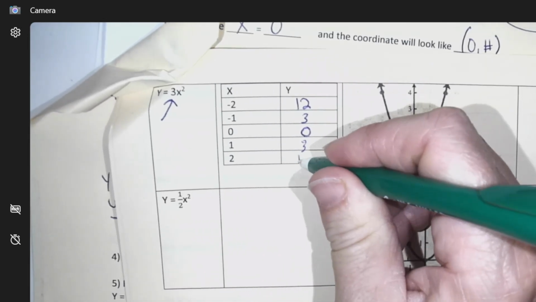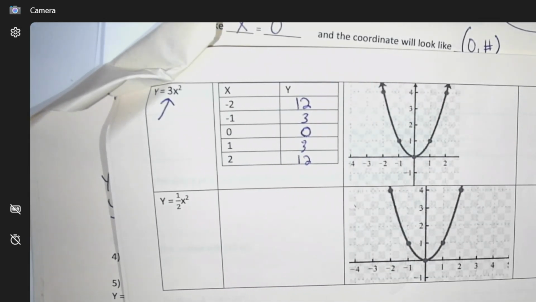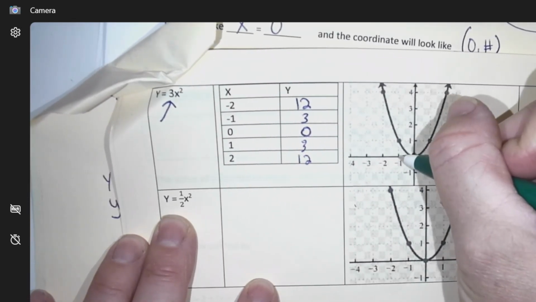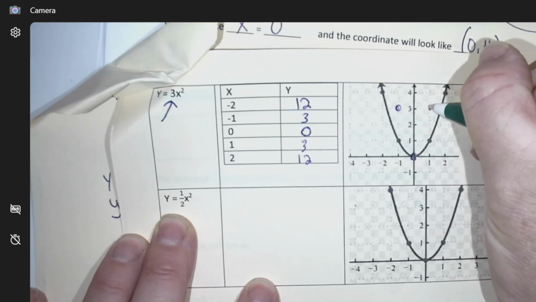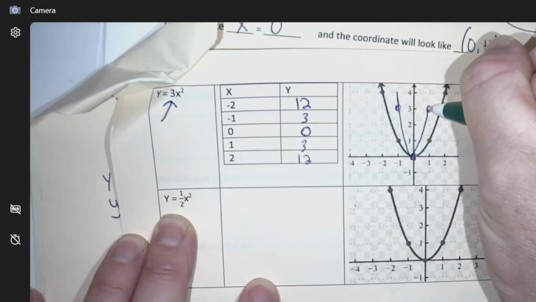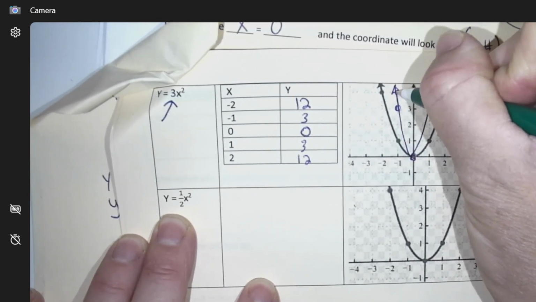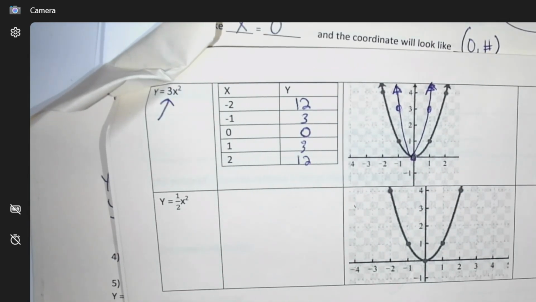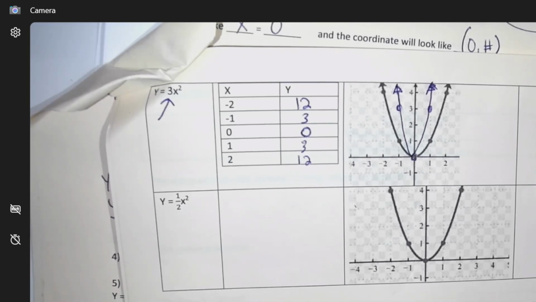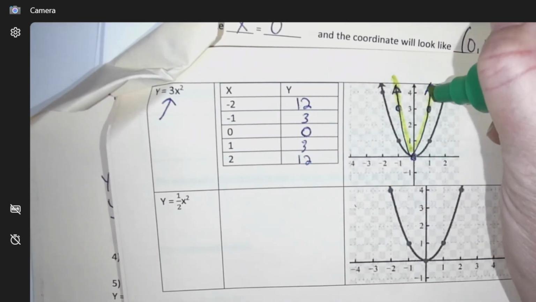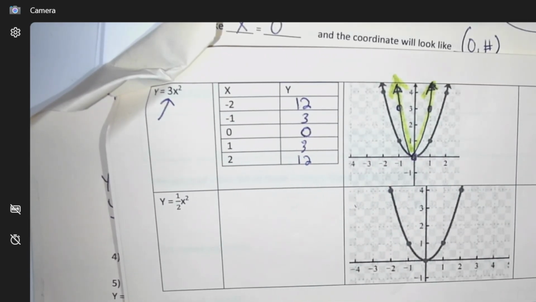And then those will be all the same, right? Okay, so what happened from our original to this one?